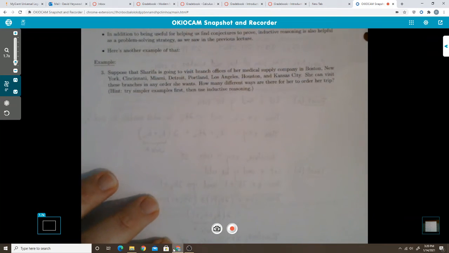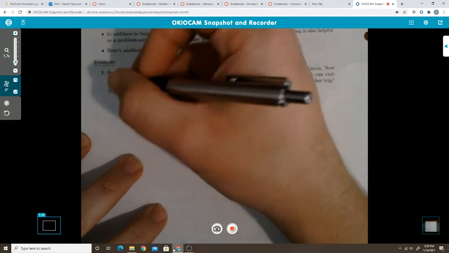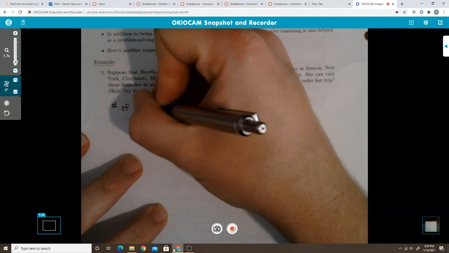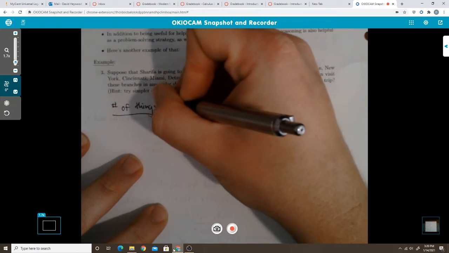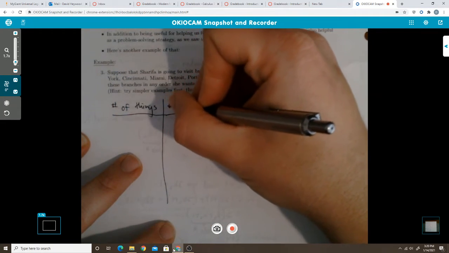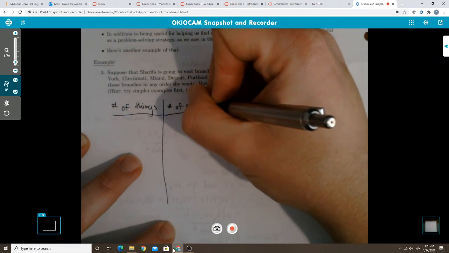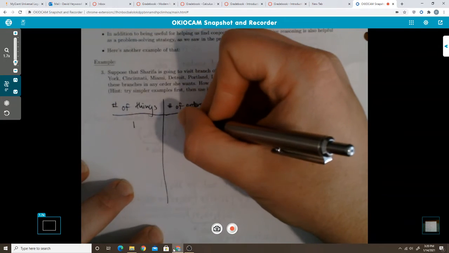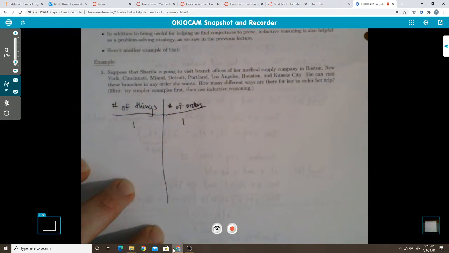Let me make a little table. We'll say number of things and number of orders, right? Number of ways to order that number of things. If you only have one thing, there's only one way to put it in order, right?